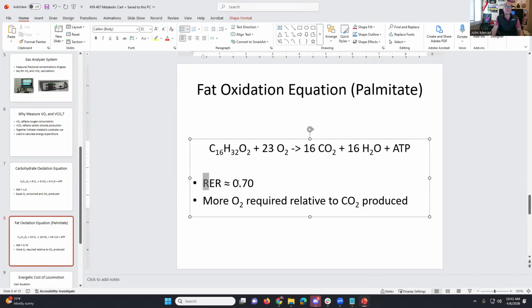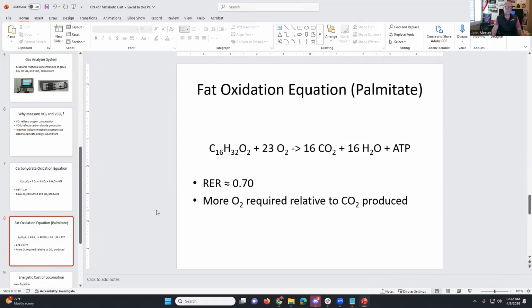The respiratory exchange ratio is 0.7, which is just the ratio of carbon dioxide produced to the amount of oxygen used. And that comes out to a fraction of 0.7. So when we're looking at an RER of 0.7 or something close to 0.7, we're talking about fats being used as the substrate to do whatever exercise we're doing.